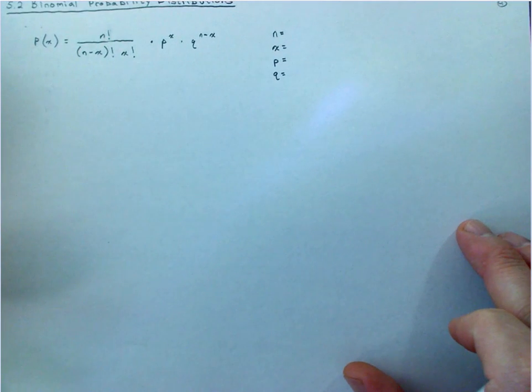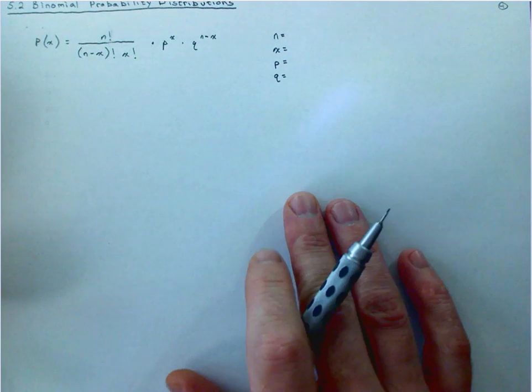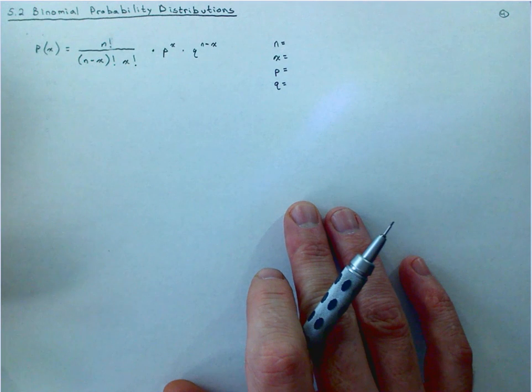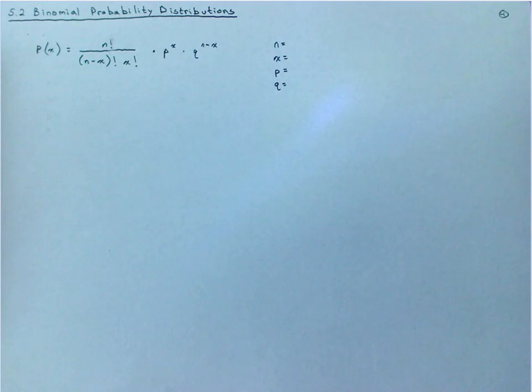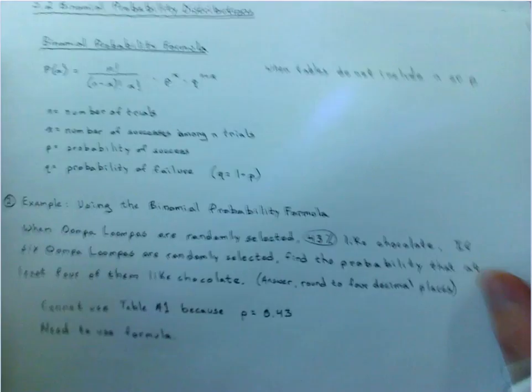So let me switch this out, and this is what we'll do our work with. There's my formula, and I don't like my question having all those words in there. So the first thing I do is find all my critical data.